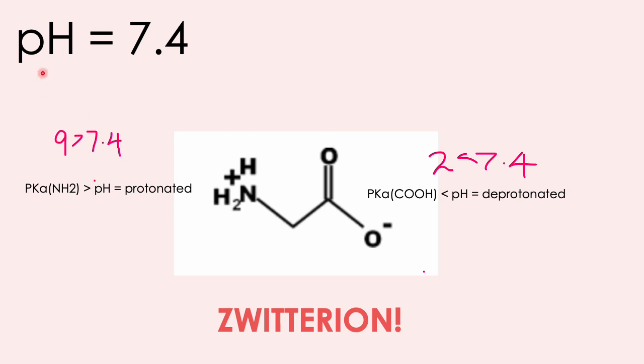So our amino group will still be protonated. We have a charge of +1 on this side. Overall, we have a charge of 0 because we have a negative charge through our carboxyl group and a positive charge through our amino group. We end up with the zwitterion, meaning that we have both positively charged groups and negatively charged groups, leading to an overall neutral charge.